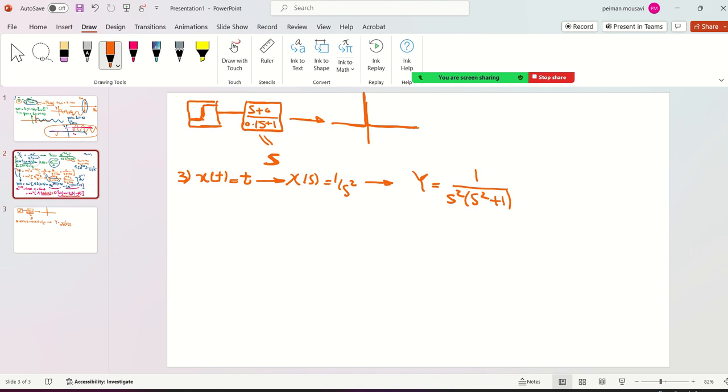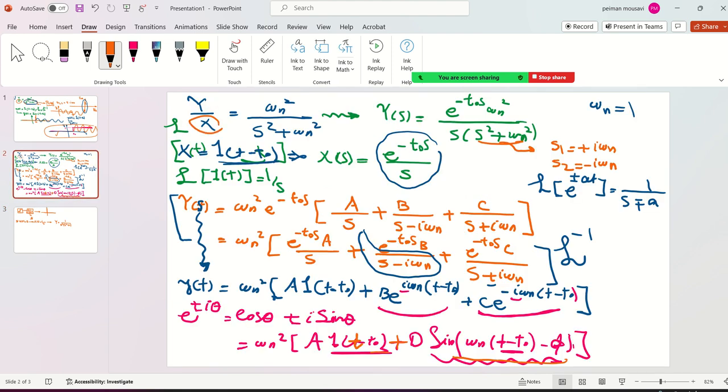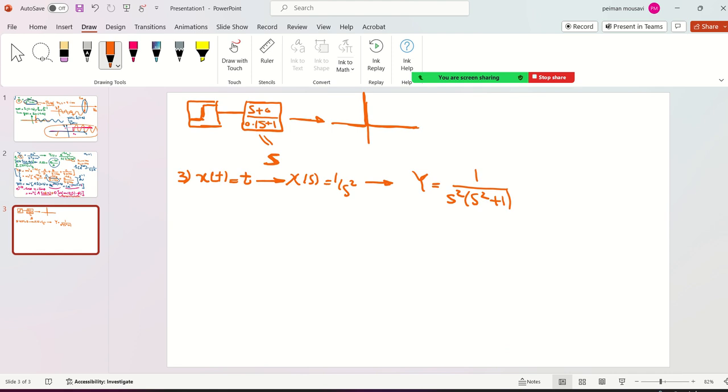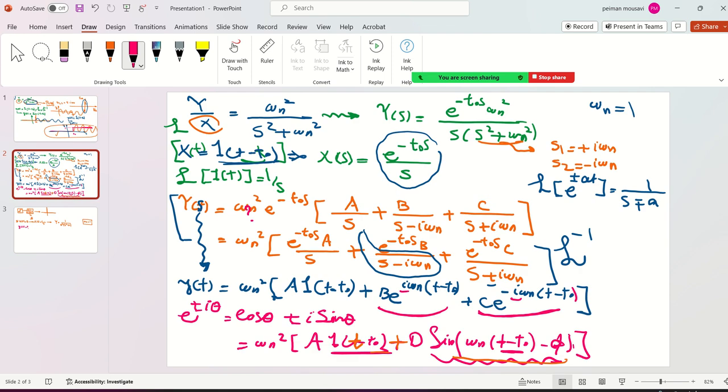From here, guys, put here X, and I set omega n, in this example, to 1. So we want to see how it looks. Before going there, can you guess what is going to be t, based on whatever I taught today?